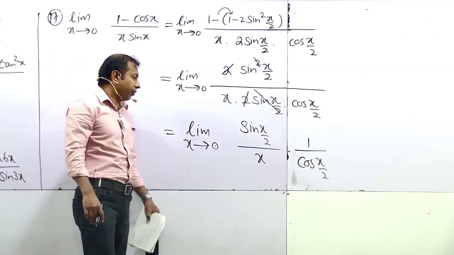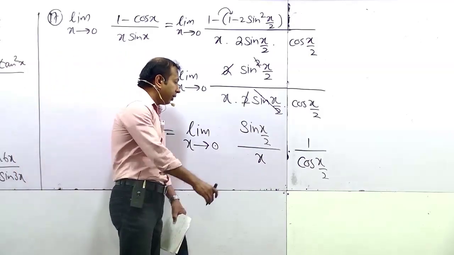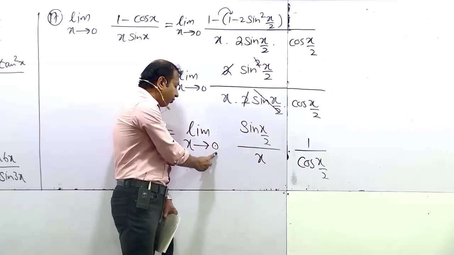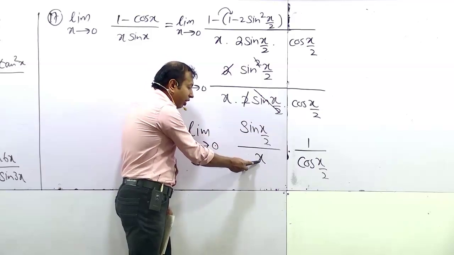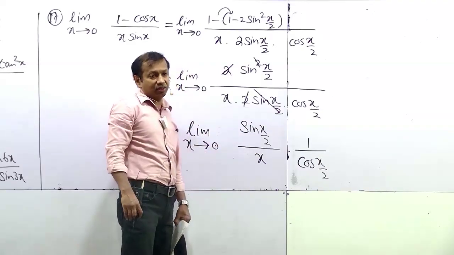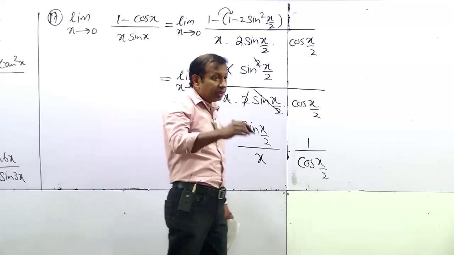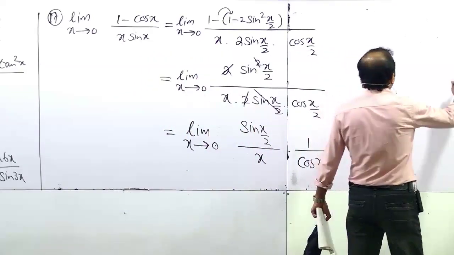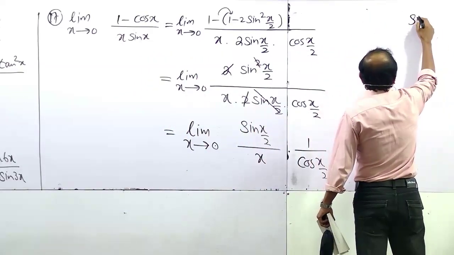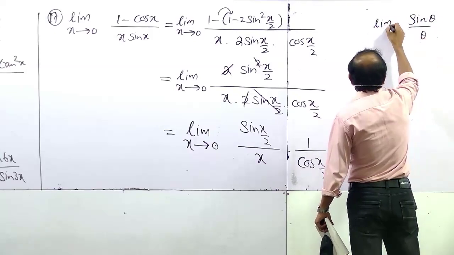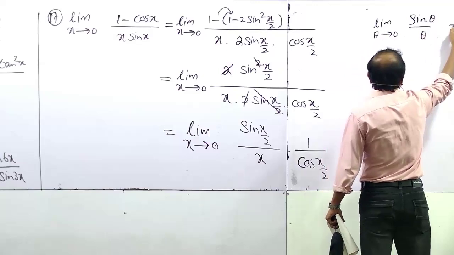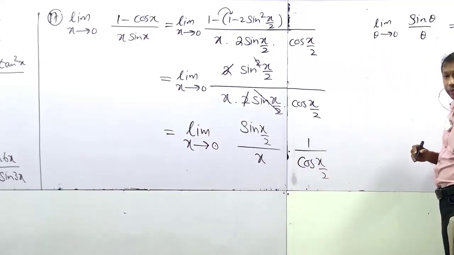Now, can we apply that theorem here? Limit x going to 0, sin x by 2 divided by x. We can't. Reason? Remember the theorem. The theorem said: sin theta upon theta, limit theta going to 0, then only we can write this as 1.